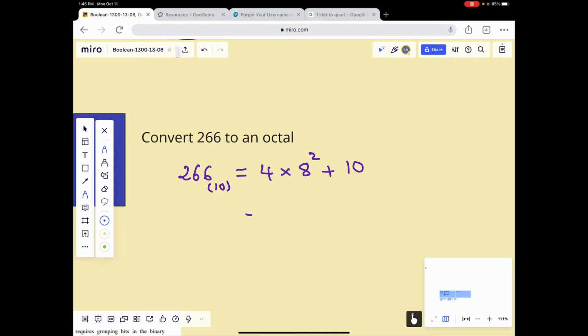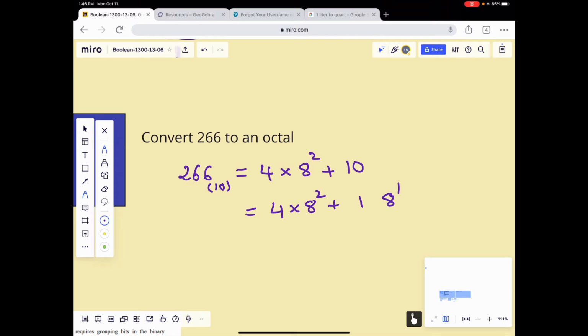Now you break down the 10, so 4 times 8 to the power of 2 plus 8. Okay, the 10 you write down as 8 to the power of 1.